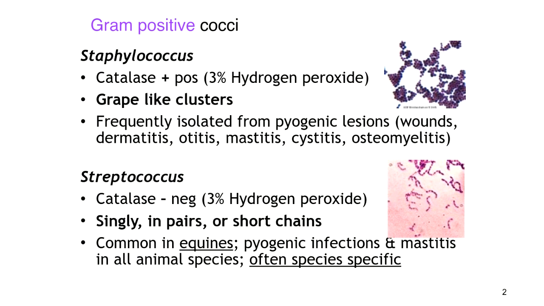So if you were to have an organism in your veterinary office and you grew it out and you aren't quite sure which it is, but you know it's a gram-positive cocci, you could do a simple hydrogen peroxide test, and your veterinarian would know within a few minutes if you're dealing with a staph organism or a strep organism.